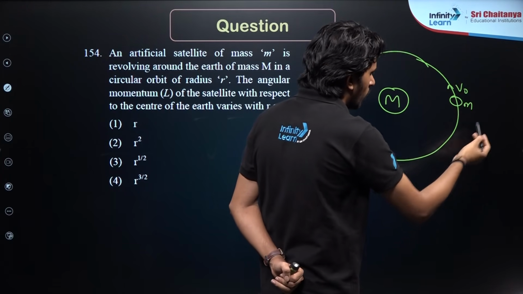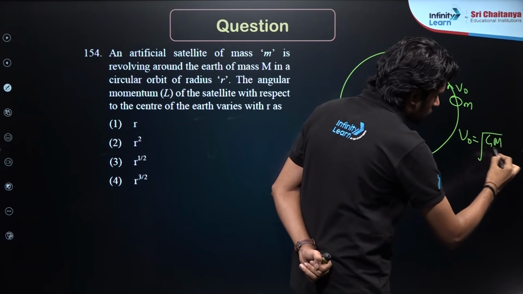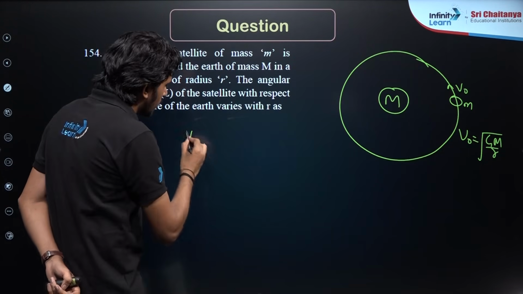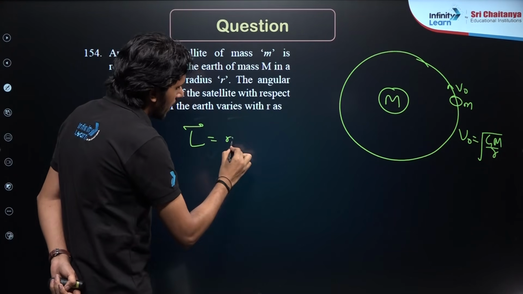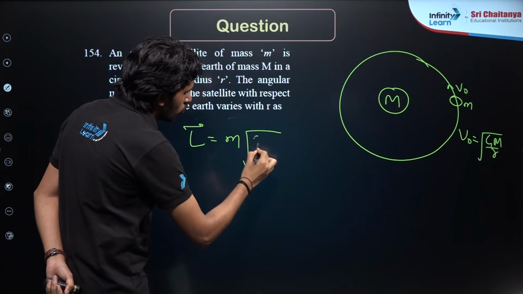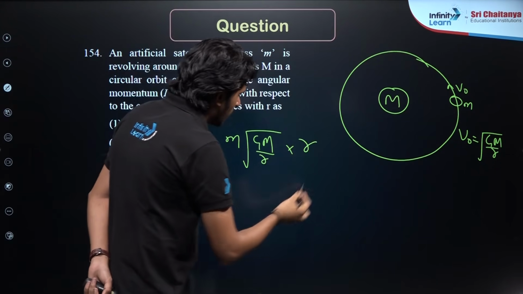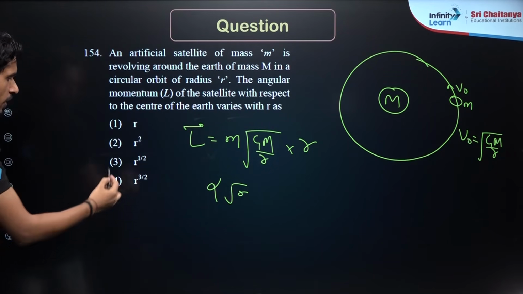We know that orbital velocity is root GM by r. Okay, now problem is very easy. What we need, L vector, angular momentum mvr, m root GM by r into r. So finally it will be proportional to root r or r power 1 by 2, option C.